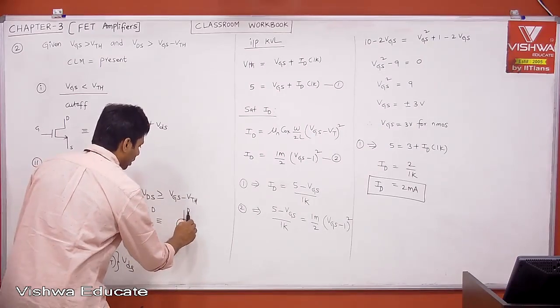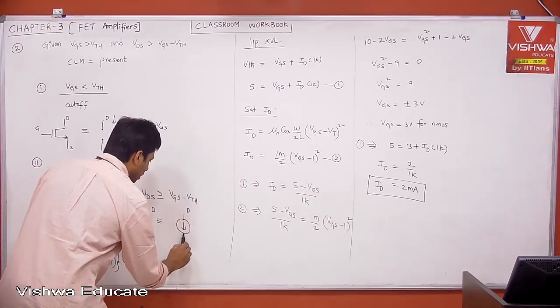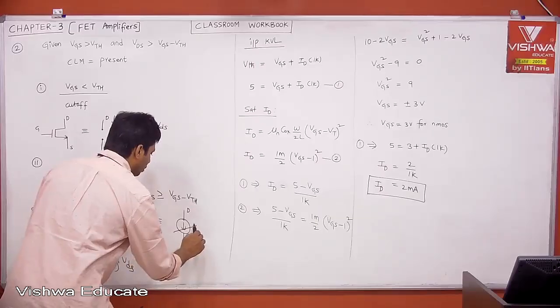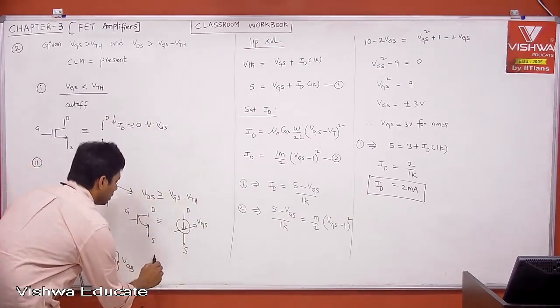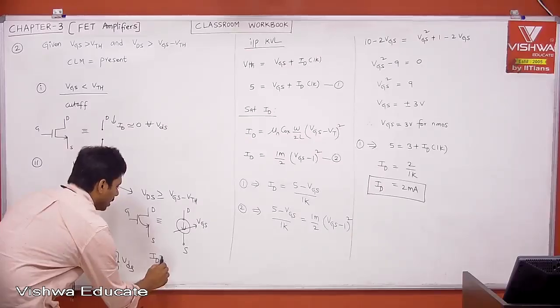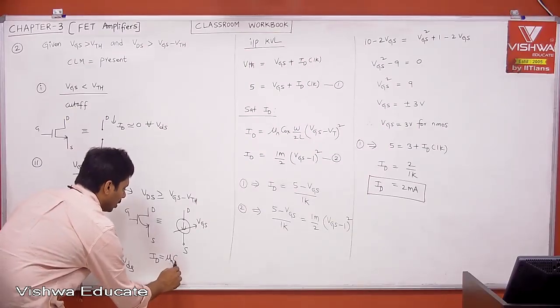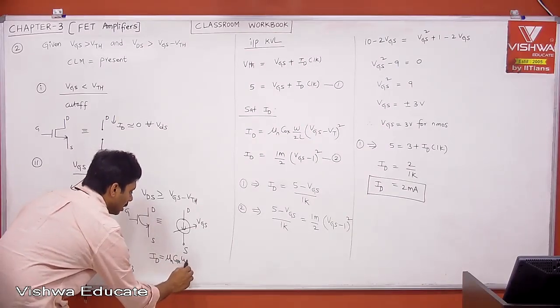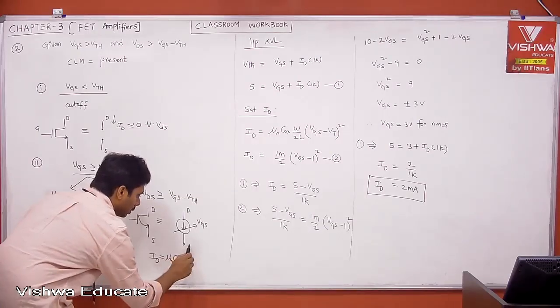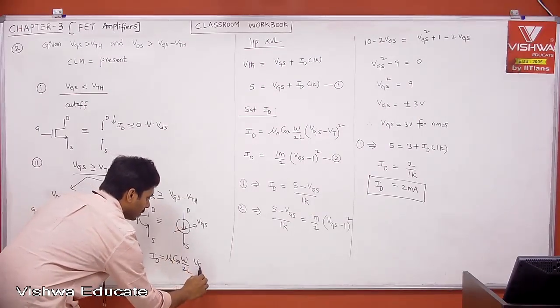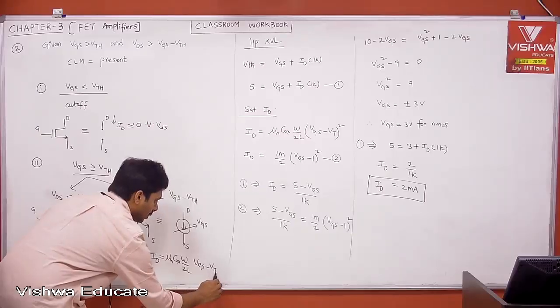That's what I told, right? It is a current source, but the current source value is controlled by gate to source voltage. Then in this case, what is ID? ID is equal to mu n Cox W by 2L. Don't forget 2, okay? W by 2L into VGS minus VT whole square.